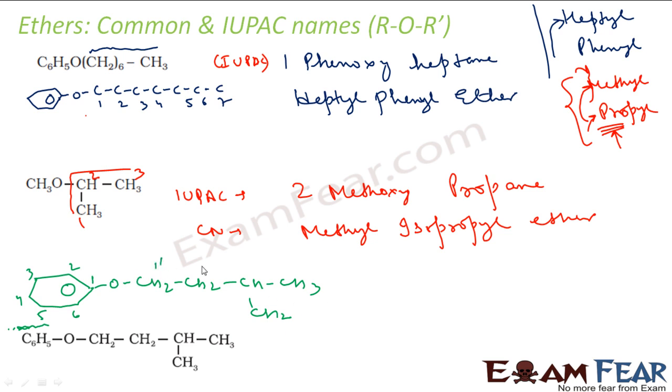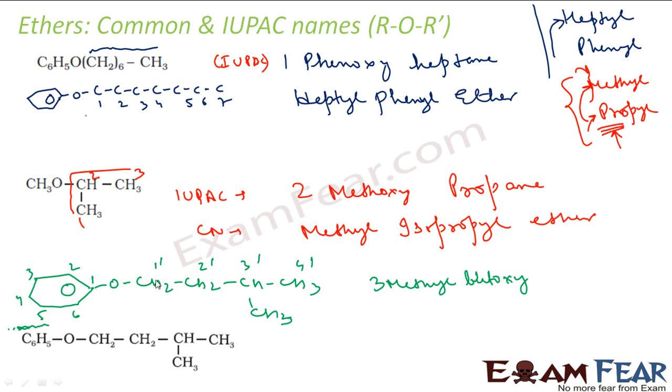And since this is a branch one, it's good to number these also. It will be 1 dash, 2 dash, 3 dash, 4 dash. Correct. So let me first name these things. So at 3 I have methyl. So it is 3 methyl, meth, prop, but, and since the whole thing is part of oxygen, so butoxy.